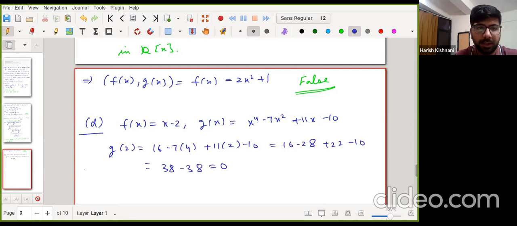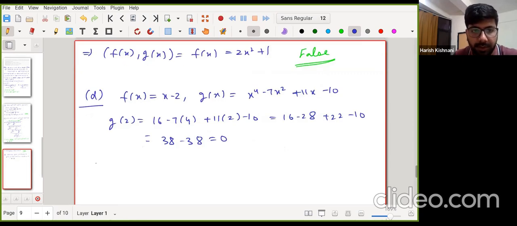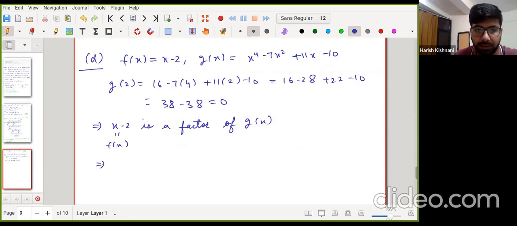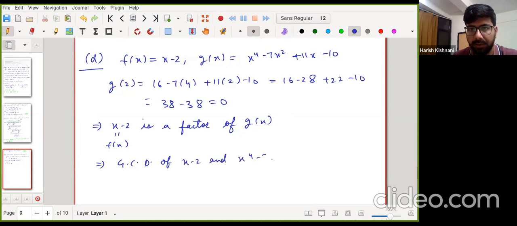So this implies x minus 2 is a factor of g(x), which is nothing but your f(x), and thus GCD of x minus 2 and x raised to 4 minus 7x squared plus 11x minus 10 is x minus 2.